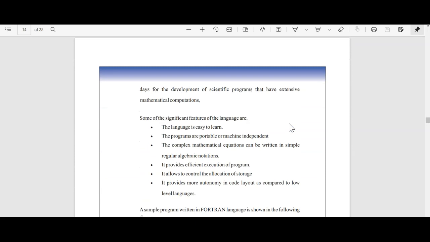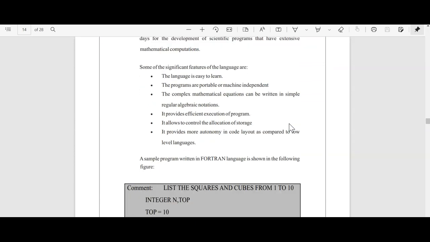Some significant features of this language are that it is easy to learn, the programs are portable and machine independent. Complex mathematical equations can be written in simple regular algebraic notations. It provides efficient execution of programs, allows control of the allocation of storage, and provides more autonomy in code layout as compared to the low level languages.